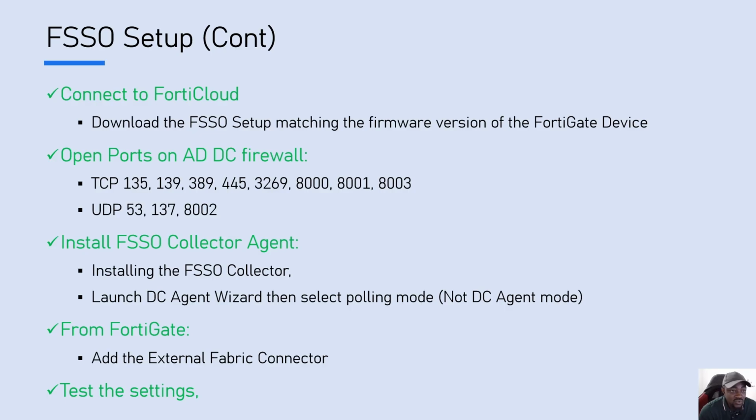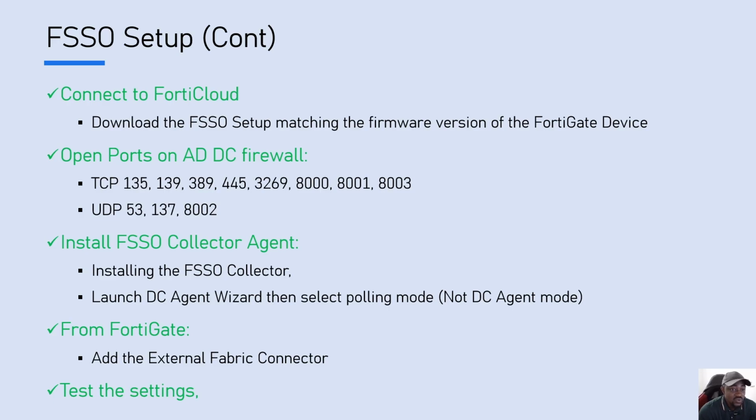You'll find the link. Today in this video, we are going to connect to FortiCloud and download the FSSO setup. As we explained in the previous video, we need to download the setup that matches the firmware version of our FortiGate device. That's the recommendation for deploying FSSO.